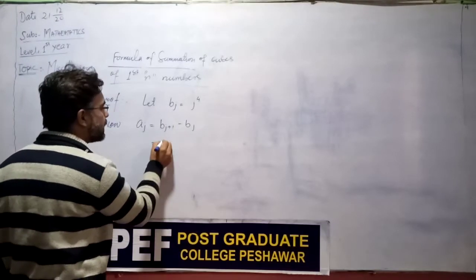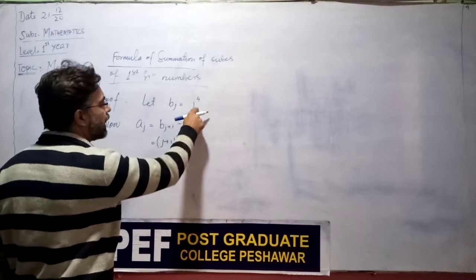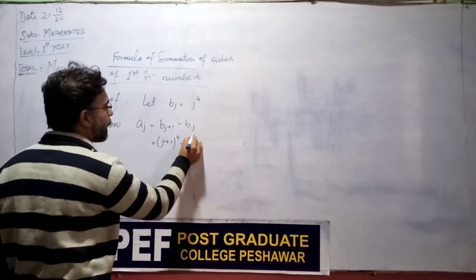So I'll get (j+1)^4 - Bj, and that is j^4.